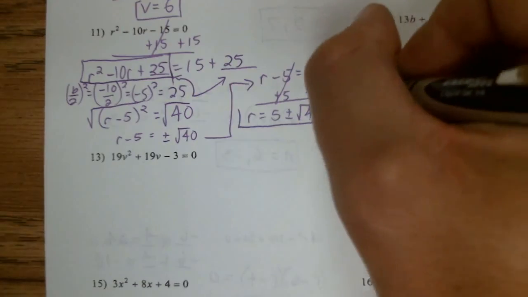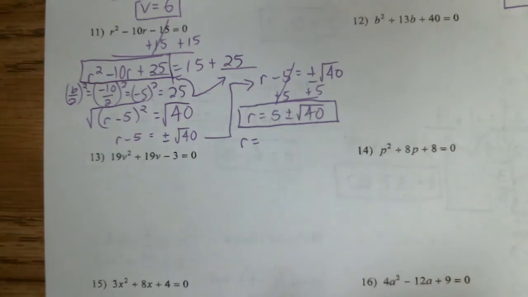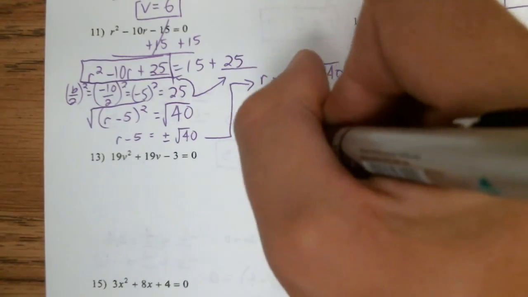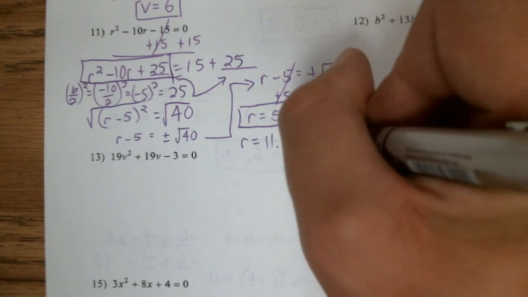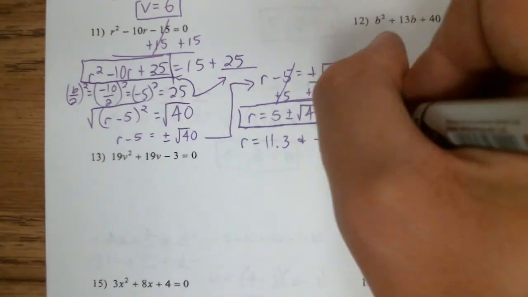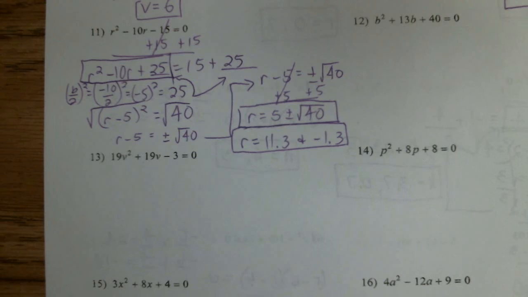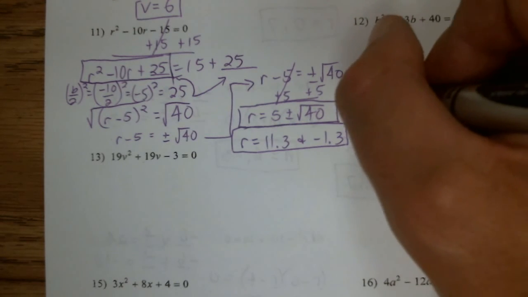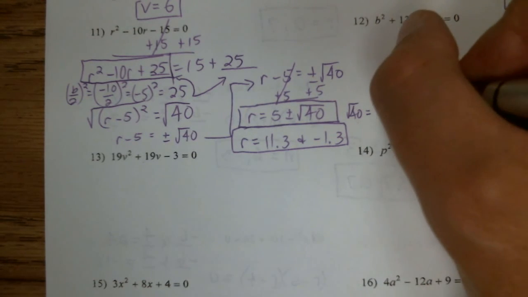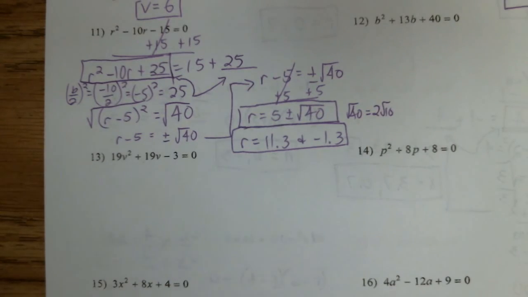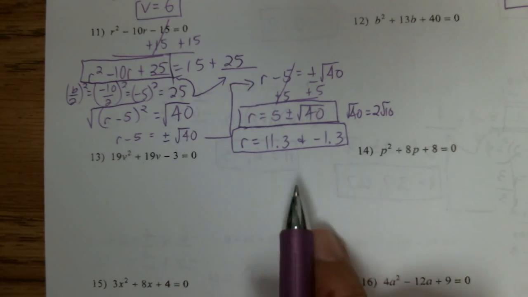If you want to convert this to a decimal, then the two decimals are 11.3 and negative 1.3. Both of those would be correct as well. But just know that the square root of 40 also simplifies as 2 times the square root of 10. Okay, so that's number 11.